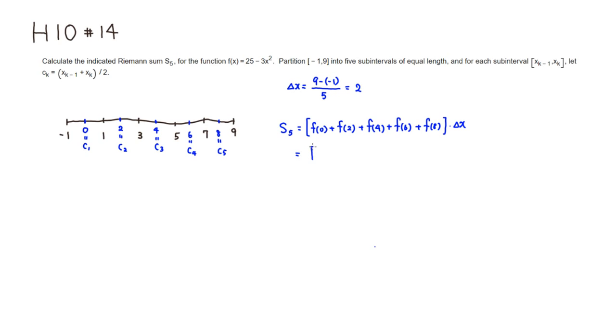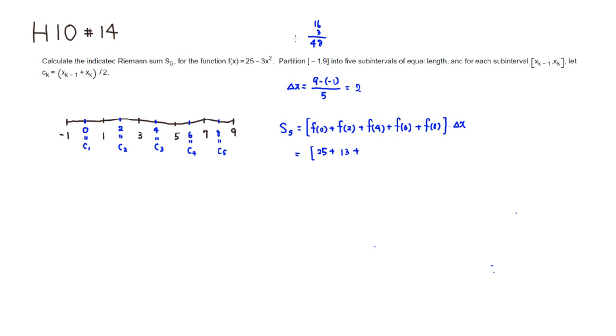If you plug in 0, that's 25. Plus, if you plug in 2, 2 squared is 4, 4 times 3 is 12, so 25 minus 12 would be 13. Plus, I plug in 4: 4 times 4 is 16, 16 times 3 is 48.